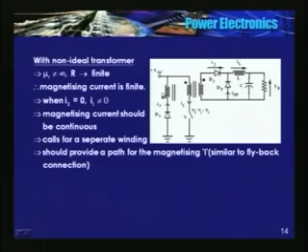How does this work? I told you, you have to provide a separate path for the magnetizing current. So how does this circuit work? Close S. Magnetizing current, or flux in the core, increases linearly, similar to the flyback.